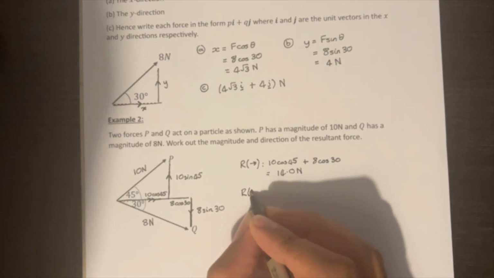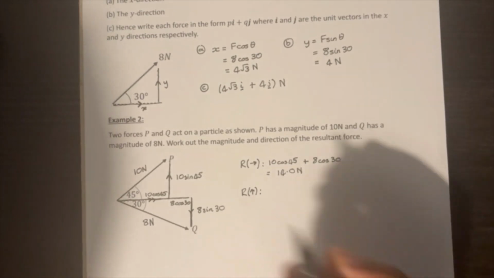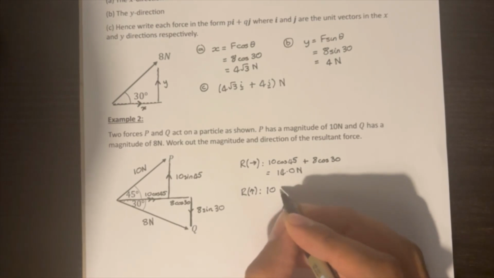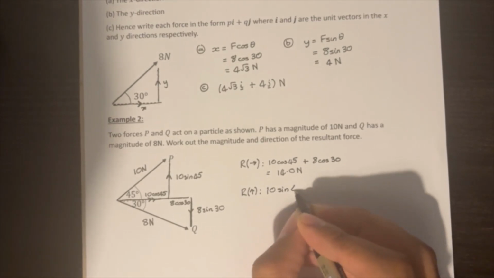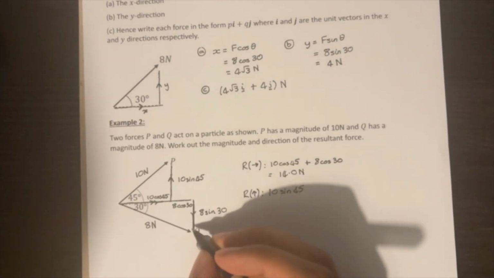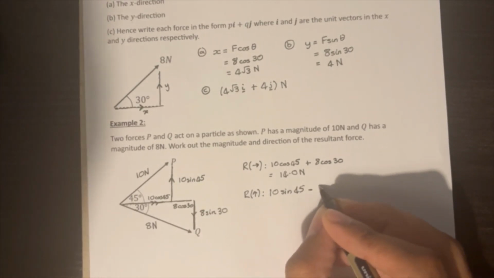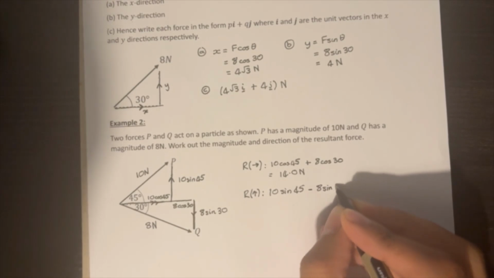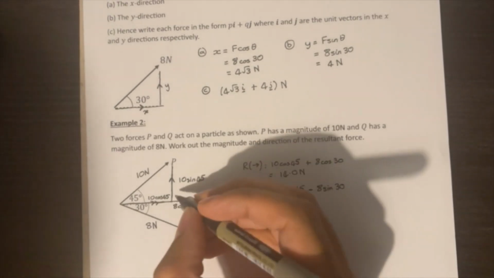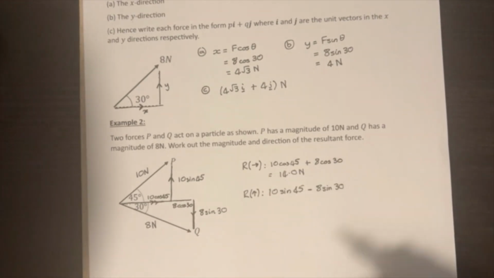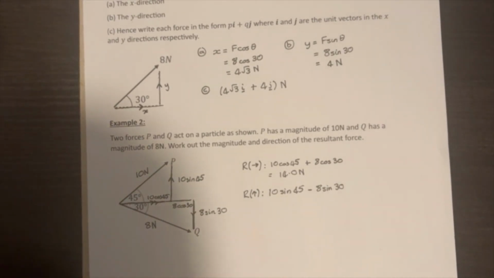Now in the vertical direction, I've got 10 sin 45 here going upwards and 8 sin 30 going down the way. So I'm going to subtract 8 sin 30. The reason I'm subtracting there is because 10 sin 45 is in the upwards direction, whereas 8 sin 30 is in the downwards direction.